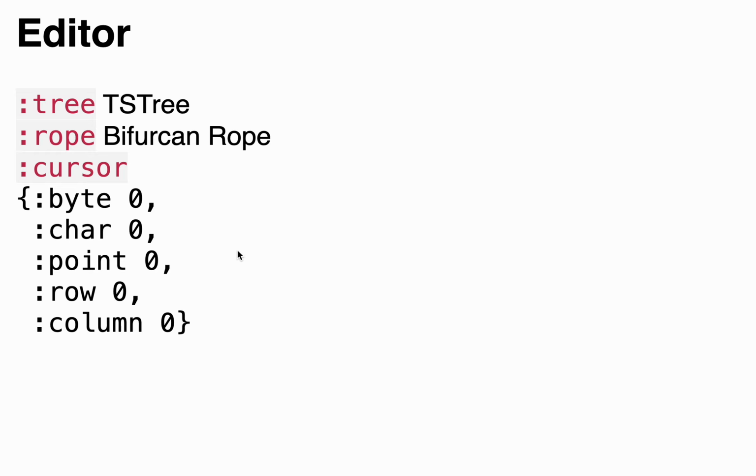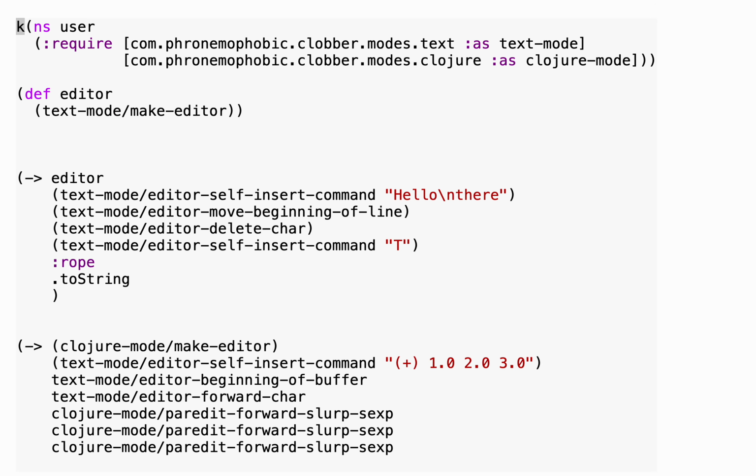And so a lot of the work for most of these functions is just calculating and updating the cursor and calculating the right index, so that all these different libraries can interact with each other, because depending on what information you're trying to use from the tree or from the rope or otherwise, you may need these different offsets. So let's take a look at what that looks like.